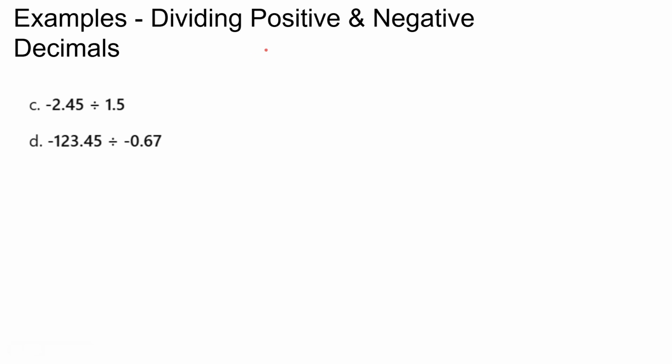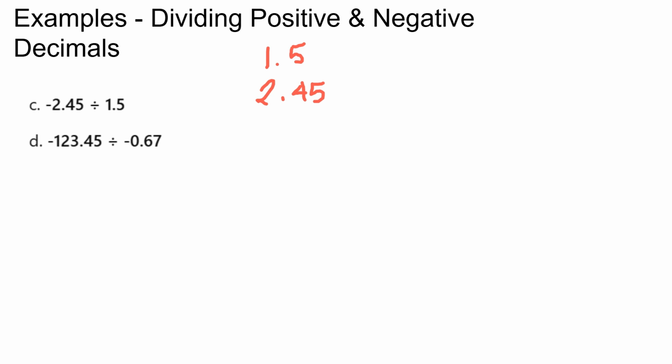Our divisor for letter C is 1.5, and our dividend is 2.45. We're going to convert the divisor to a whole number, because that's the goal, by moving the decimal point to the right.